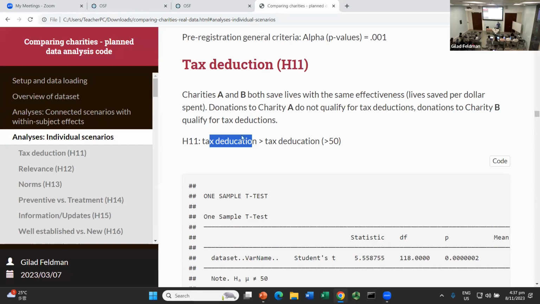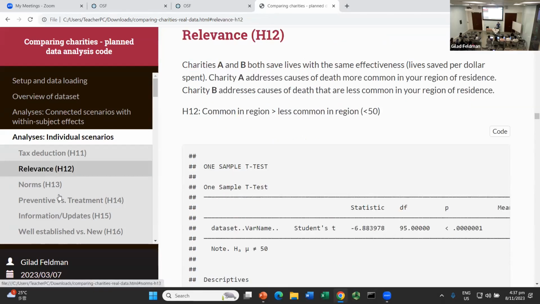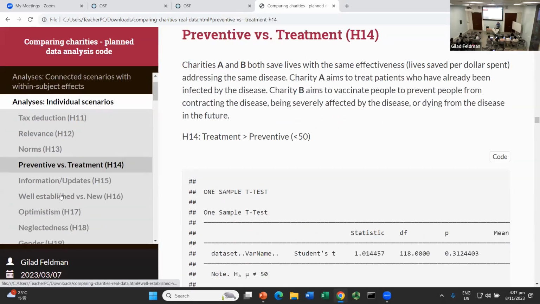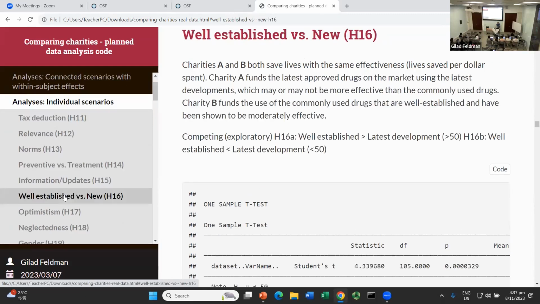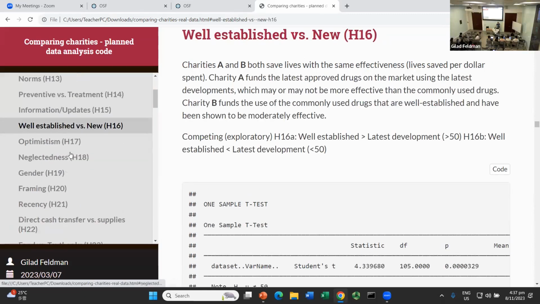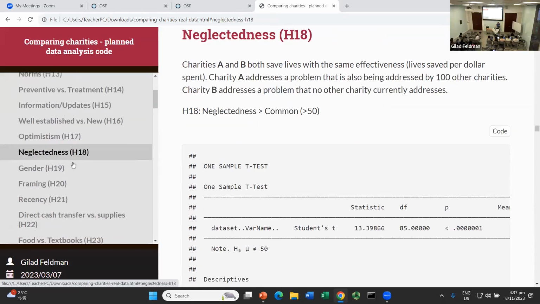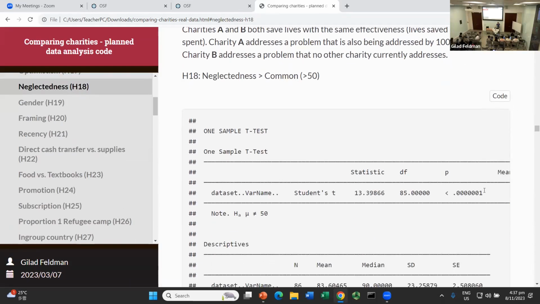So we have a lot of these things. For example, relevance and norms, preventive versus treatment, well-established versus new, optimism, neglectedness, framing. In all of these, you can see the p-value, and a lot of the hypotheses were supported. Some of them were supported in the opposite direction. So some stuff is really interesting.